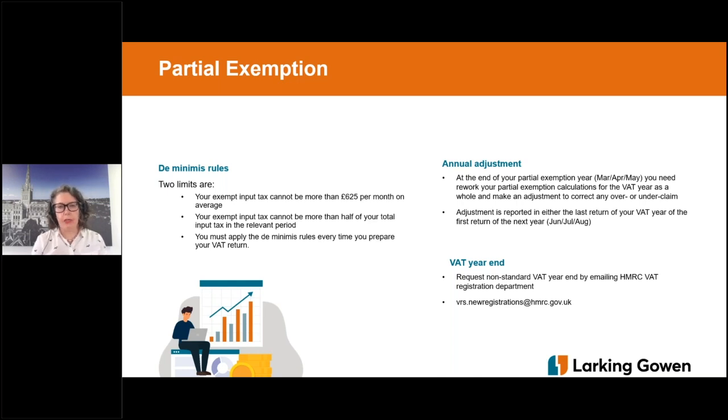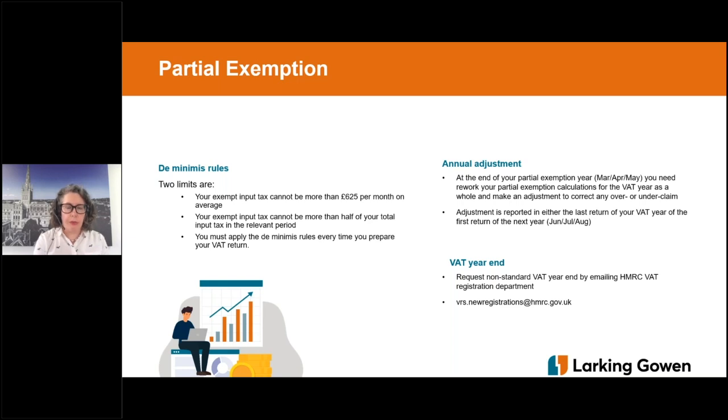It doesn't form part of your VAT registration application form that you fill in online, but you can do that by emailing the address on the screen and requesting a non-standard VAT year of July or August, whichever suits you for your financial year end best. So then your annual adjustment will run to that date, and then you put your adjustment in the following VAT return period, if there is an adjustment to make.